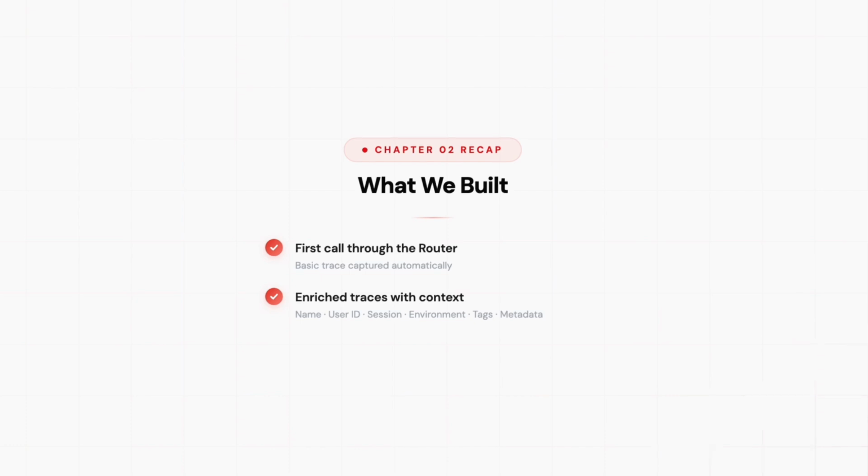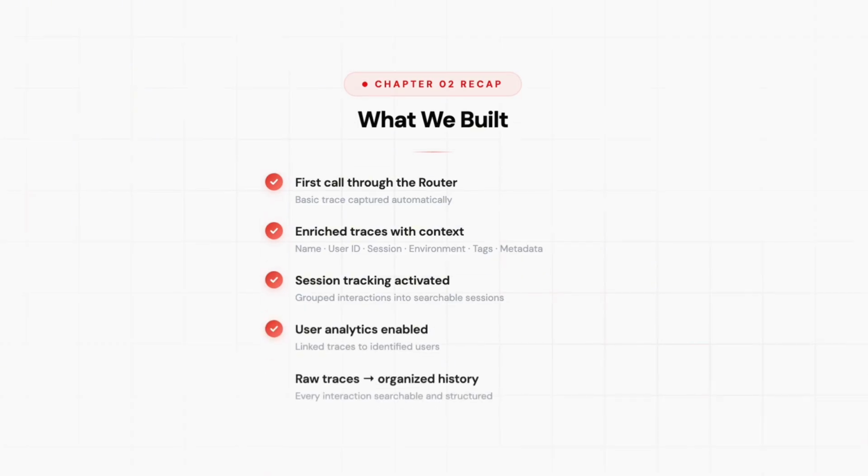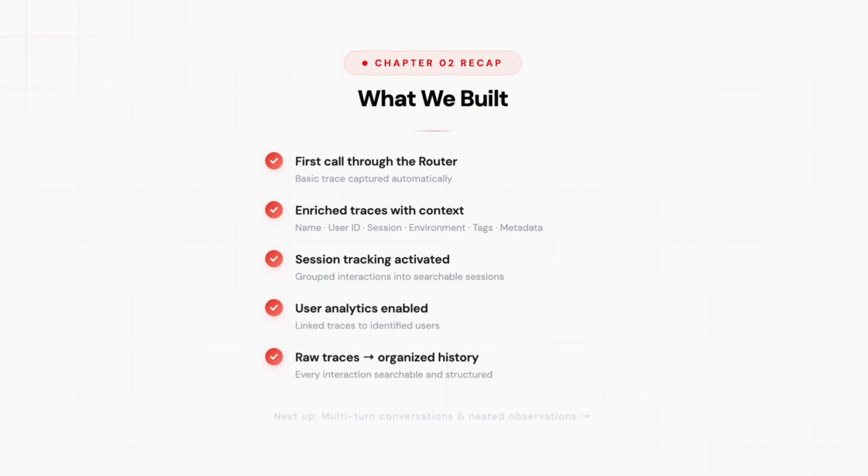And we saw how that enrichment directly powers the sessions and user tracking views, turning raw traces into an organized, searchable history of every interaction in your system. In the next chapter, we'll build on this foundation by creating multi-turn conversations, working with nested observations to capture complex workflows, and attaching quality scores to our traces.